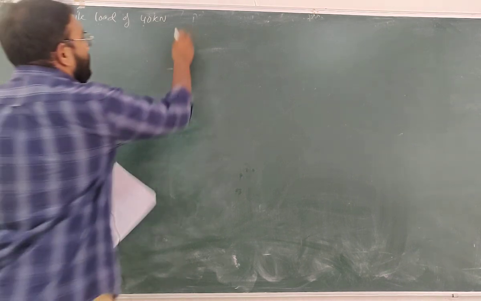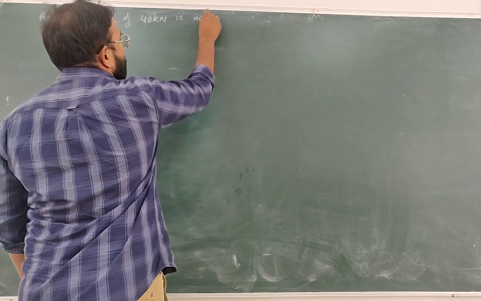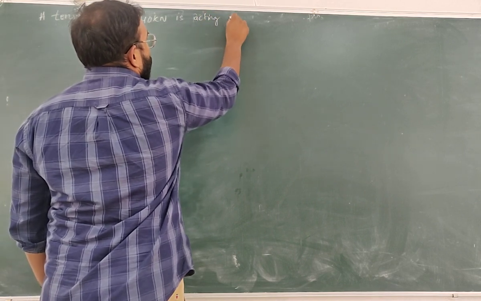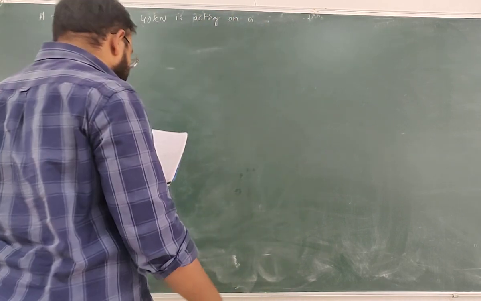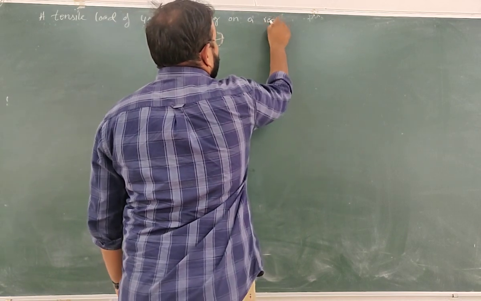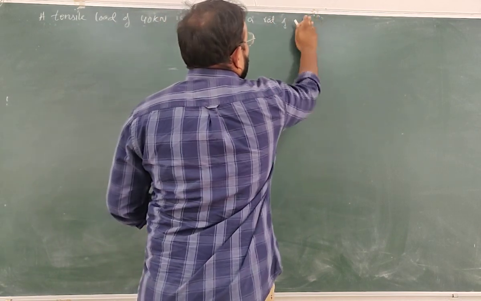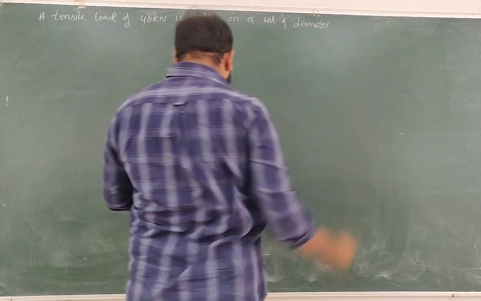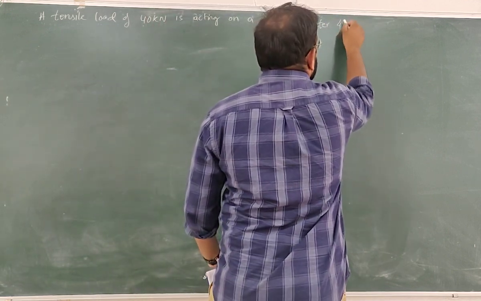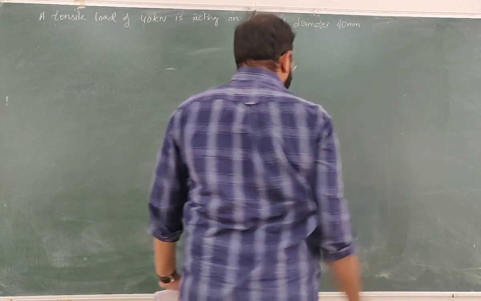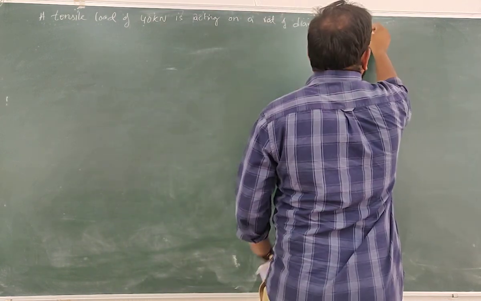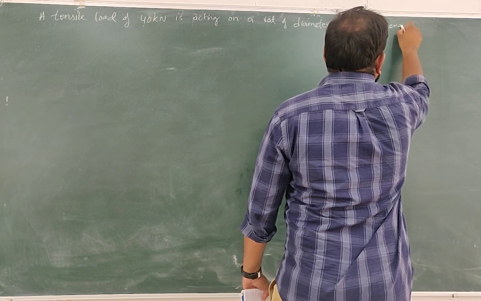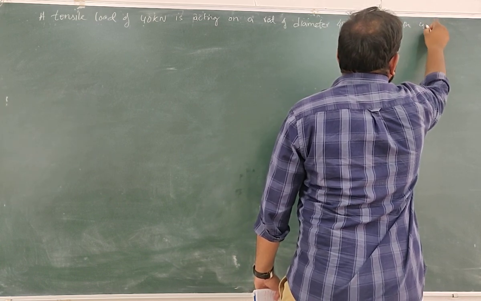A tensile load of 40 kilonewton is acting on a rod of diameter 40 mm and length 4 meters.